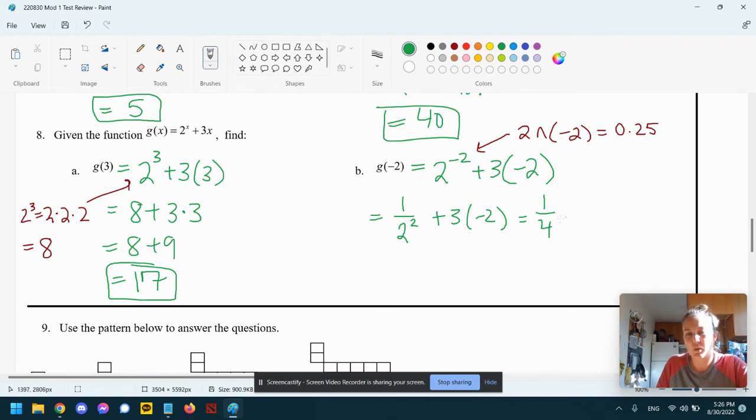Then when we do 2 squared, we get 1/4, which is 0.25. 3 times negative 2 is negative 6. And then this is negative 5.75. Or if you'd rather, negative 23 over 6. Nope, over 4. Nice.